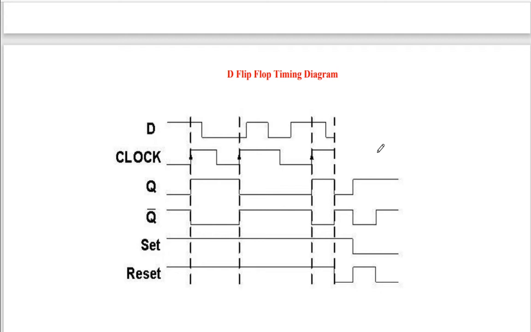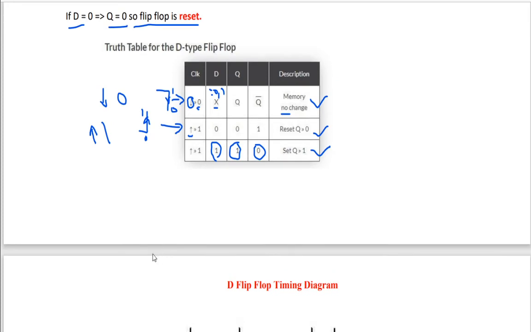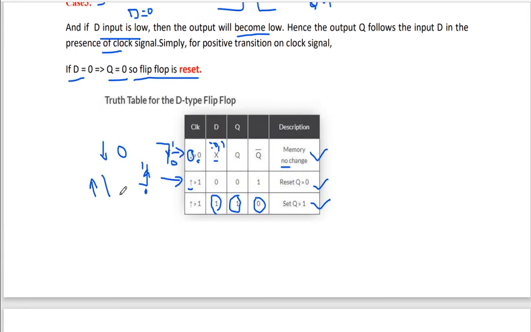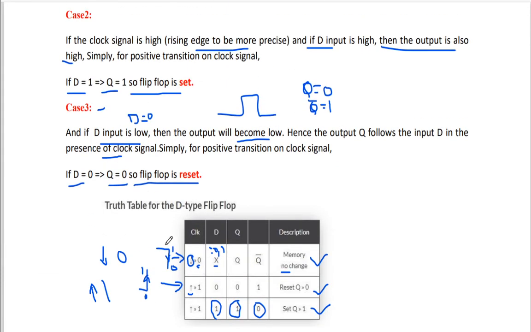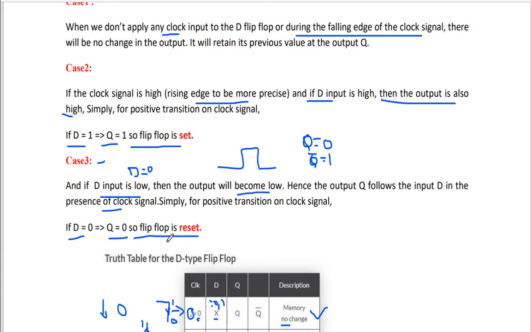Fine. You could see the only difference when D is 0 and D is 1, output is either set or reset. So using the D flip flop, we have tried to avoid the forbidden or invalid condition that occurred in your SR flip flop.